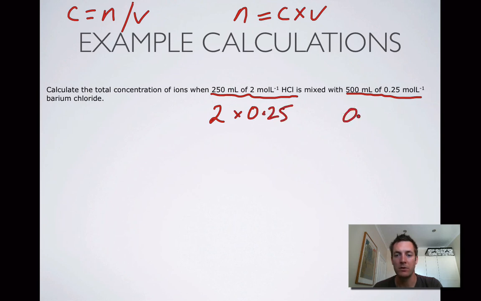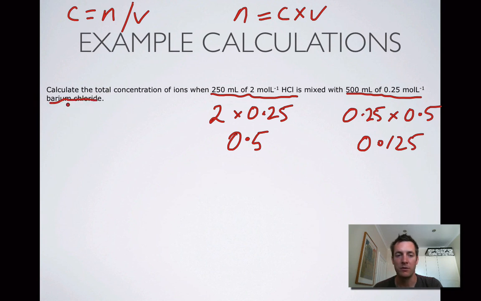And here we've got 0.25, which is the concentration, times 0.5, which is the volume in litres. Okay, so that means we've got 0.5 of a mole of HCl, and we've got 0.125 of a mole of barium chloride.